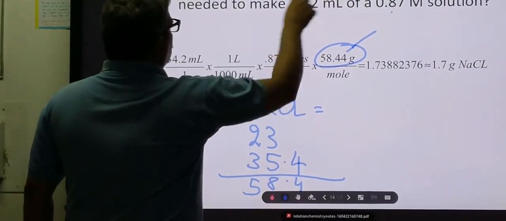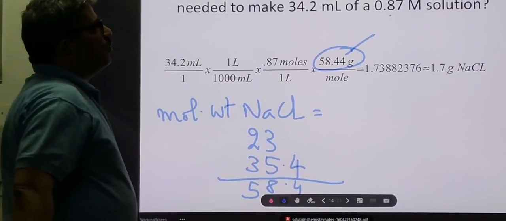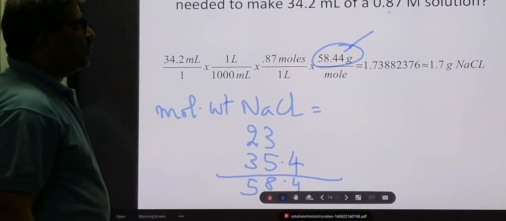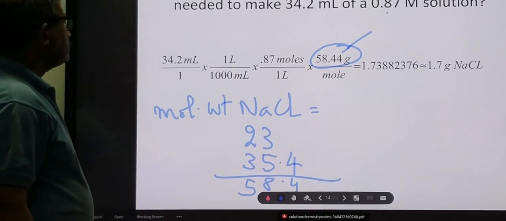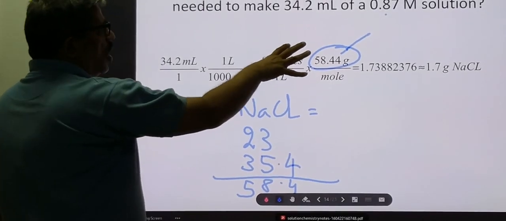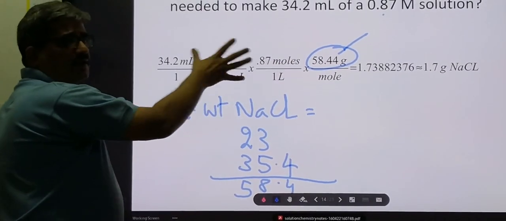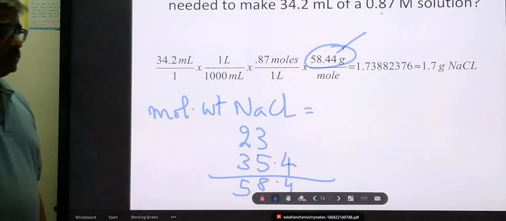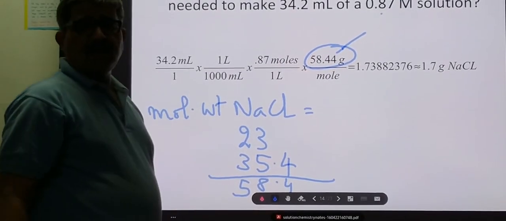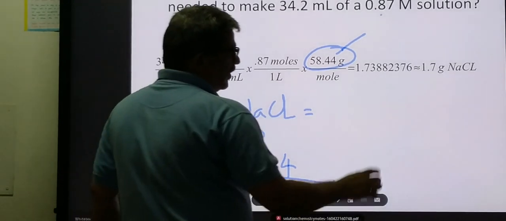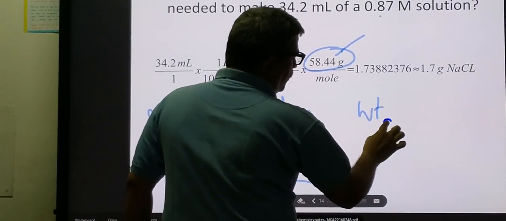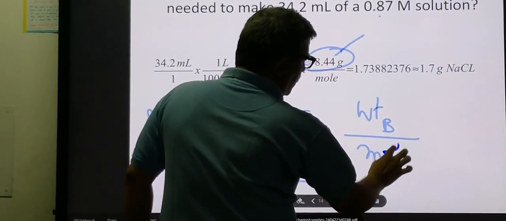How many grams of sodium chloride is needed to make 34.2 ml of 0.87 molar solution? All these values we substitute in the known formula.